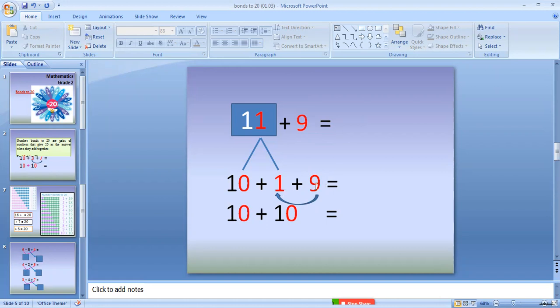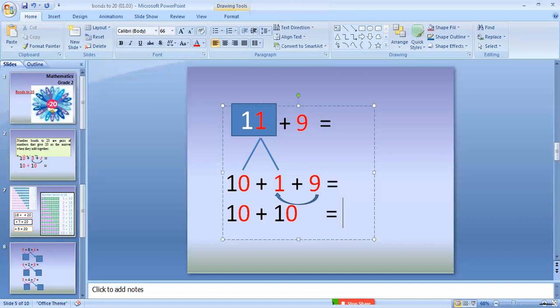Now we know 9 plus 1 is equal to 10. Then we have to add 10 plus 10. In here, this 1 is 0, we can write 0 here. And next we add 10, 1 plus 1. It is 2. So the answer is 20.